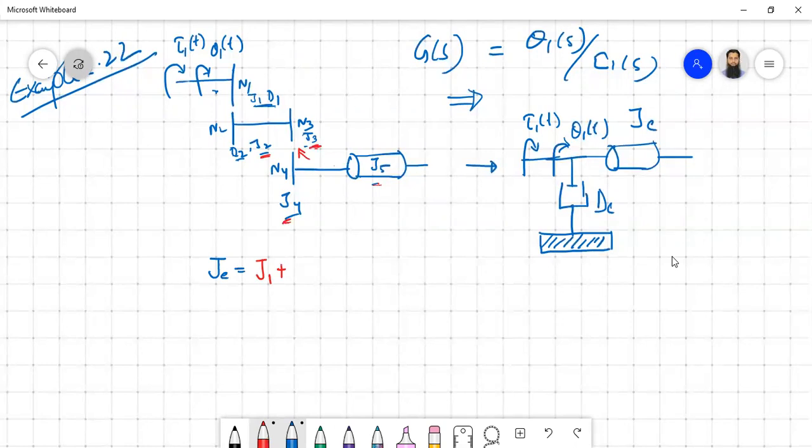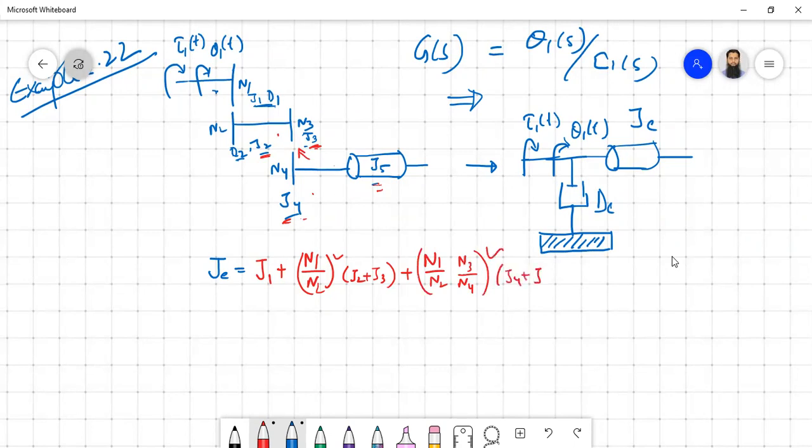The destination is N1, so N1 by N2 squared times J2 plus J3. J4 and J5 need two transformations: first to the second level, then to the first level. So it will be N1 by N2 and then N3 by N4, destination divided by source teeth, whole squared, multiplied with J4 plus J5. So this is your J equivalent.